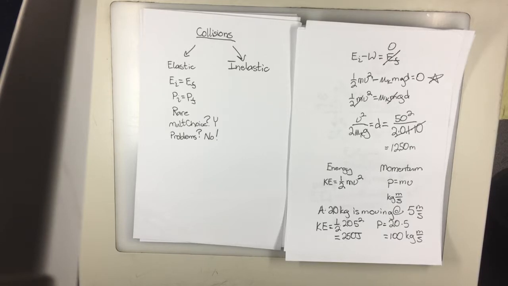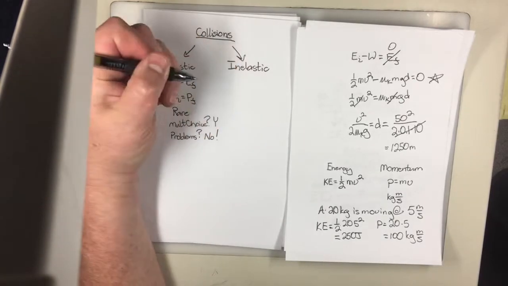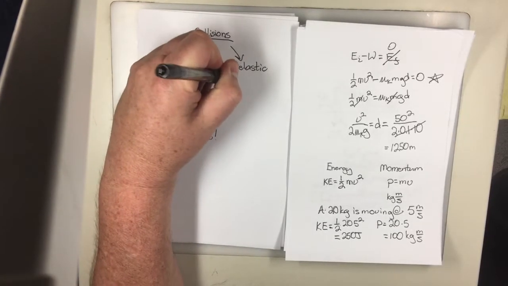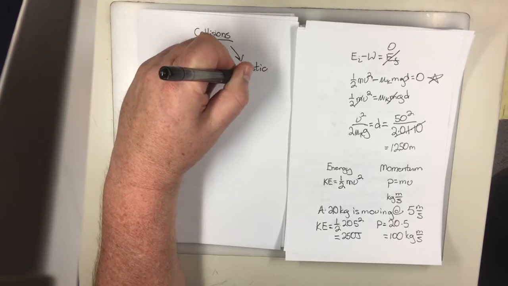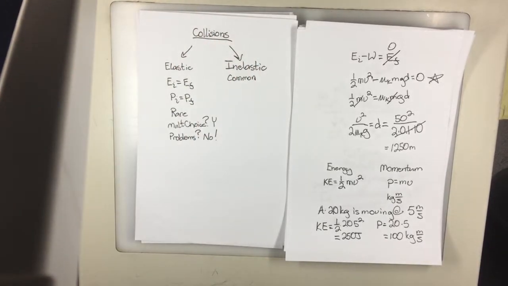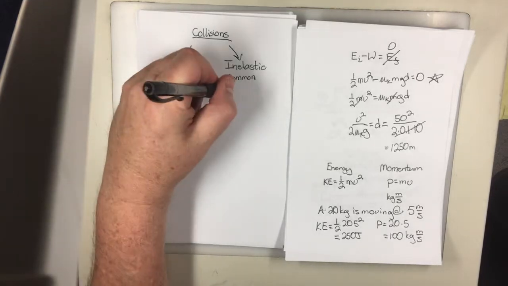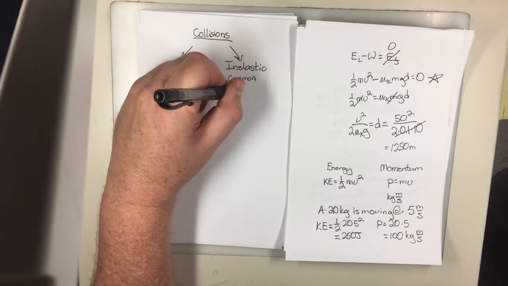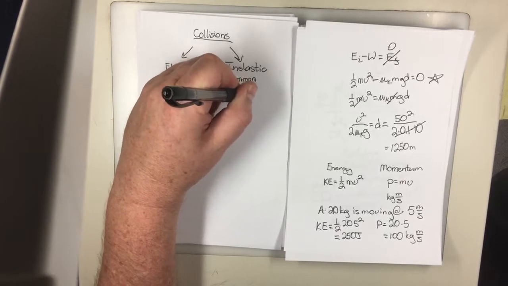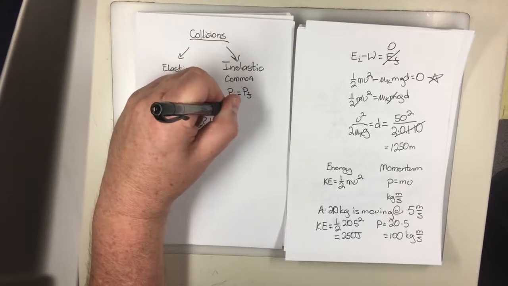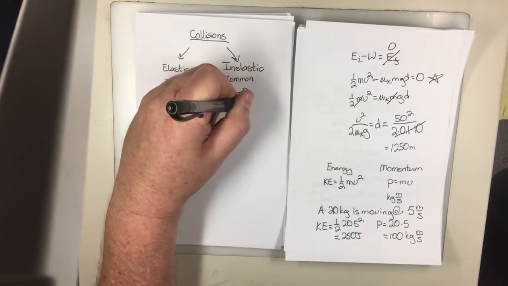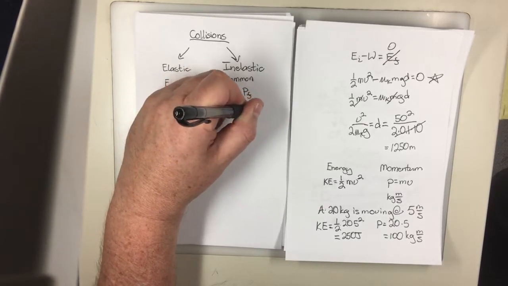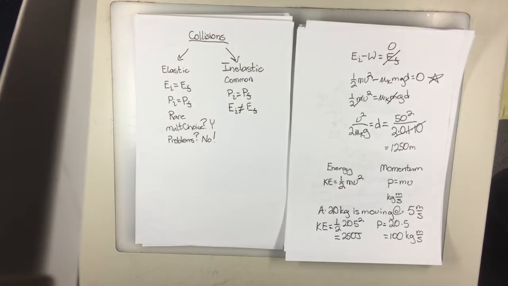So then we do inelastic. Now inelastic, whereas elastic is rare, inelastic collisions are quite common. They're everywhere. In an inelastic collision, momentum is conserved, but energy is not.